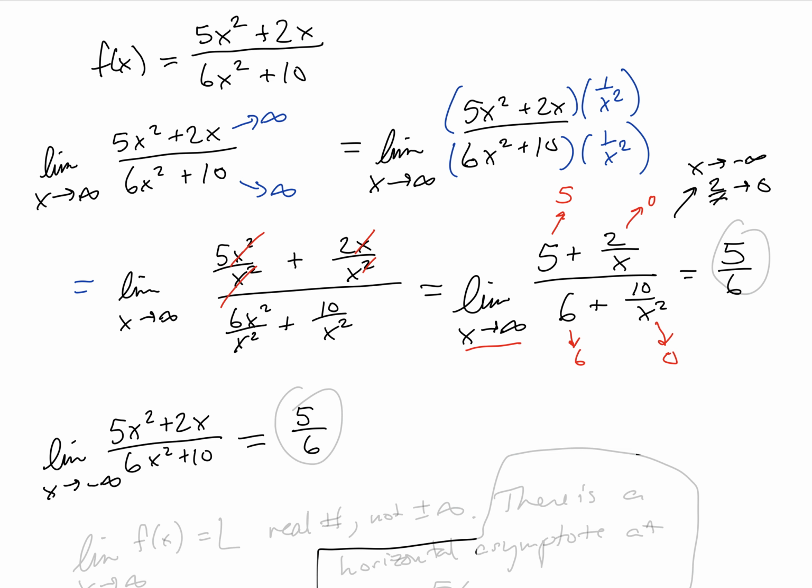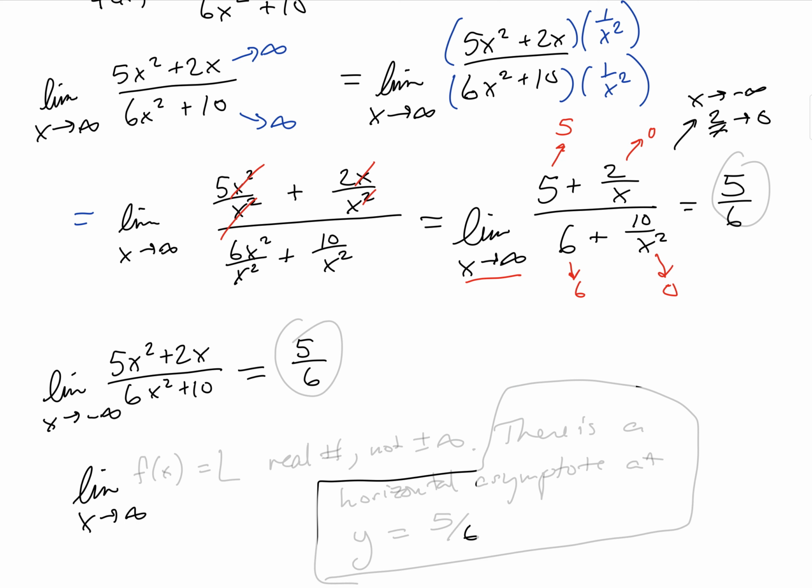And because the limit as x approaches positive or negative infinity of our function f of x is a constant L, so this is a real number, not plus or minus infinity, that tells us that there is a horizontal asymptote at the line y equals 5/6.